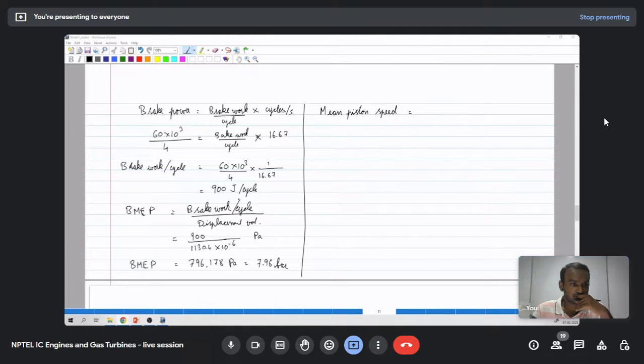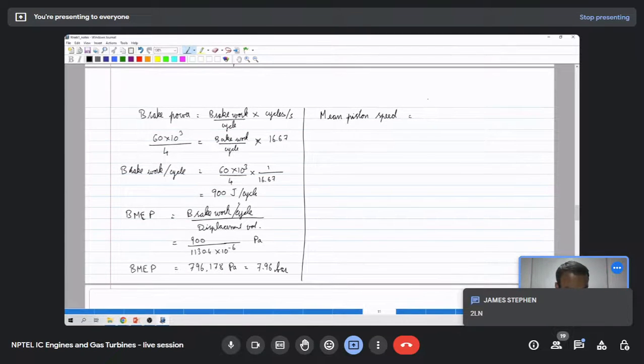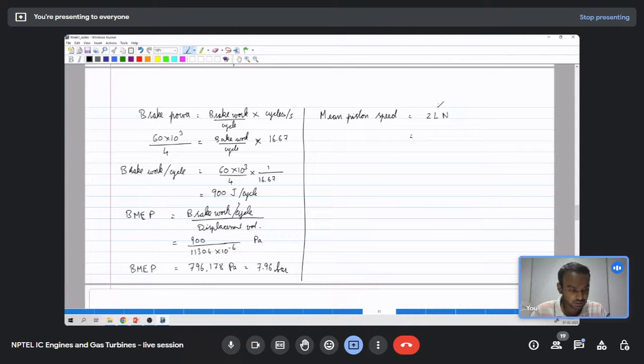Don't know, sir. Okay. It is 2LN. So here L is the stroke length and N is the engine speed in revolutions.